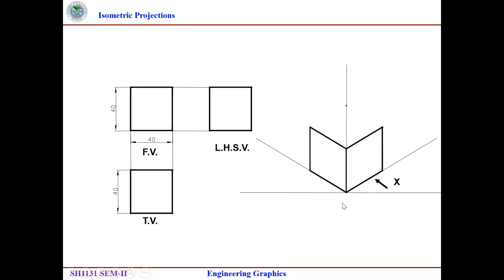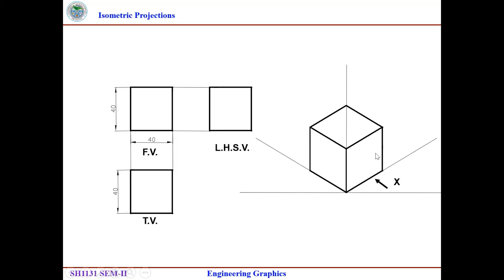The top view also you have to draw, this 40 mm parallel to this one, then this one, this 40 mm parallel to this one. So always remember these are the reference lines. Whatever vertical lines are there should be parallel to this reference. Suppose you are drawing in this surface, then all the vertical lines should be parallel to this line and all the horizontal lines should be parallel to this reference line.